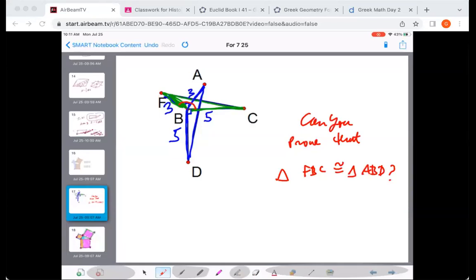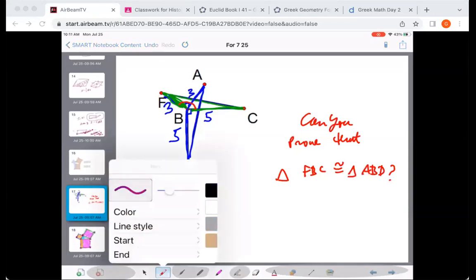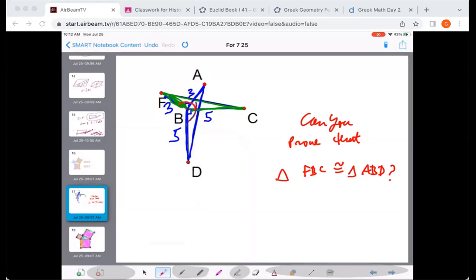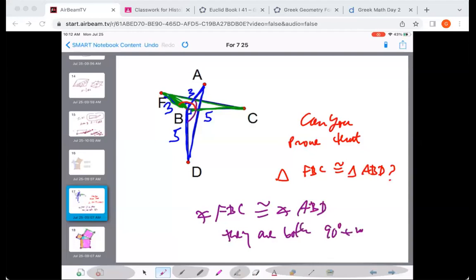And the other obtuse angle, this one, is also a right angle plus whatever ABC is. So angle FBC is congruent to angle ABD. They are both 90 degrees plus whatever the measure of ABC is.